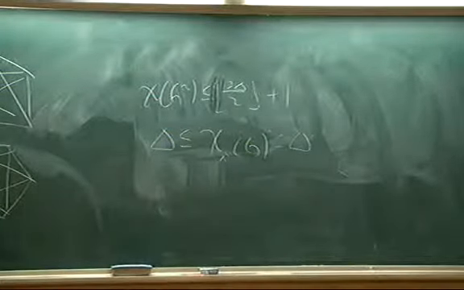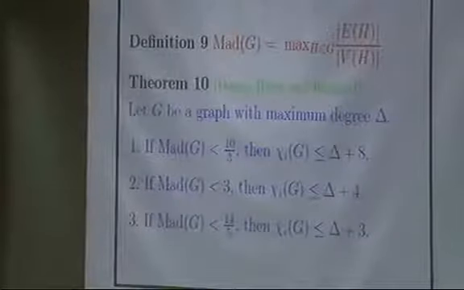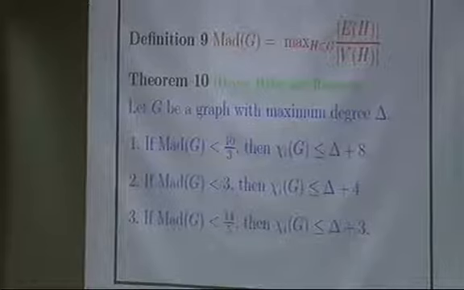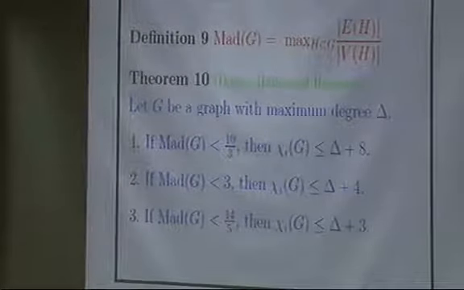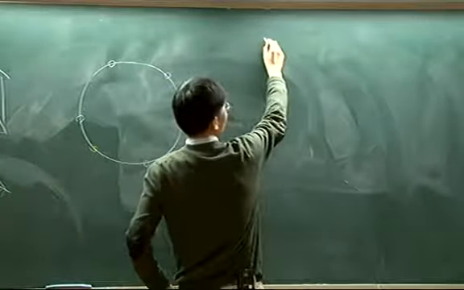So also in terms of maximum average degree, maximum average degree is given by a function. We divide the number of edges by the number of vertices. Oh, I need to multiply by 2.